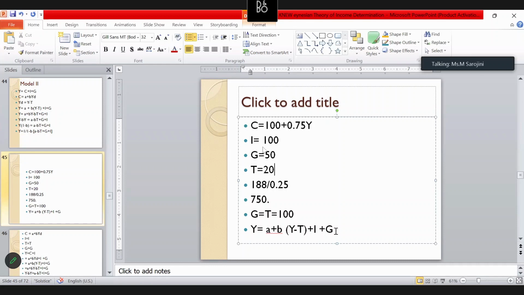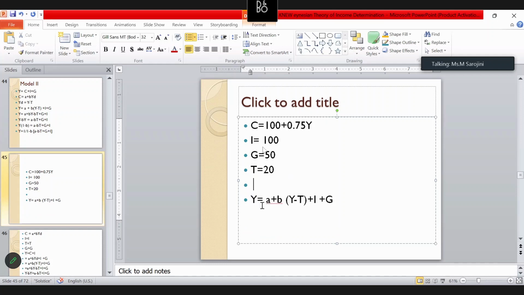Now you can calculate the national income. How can you calculate the national income? This is the equation to calculate it, so just substitute the values.